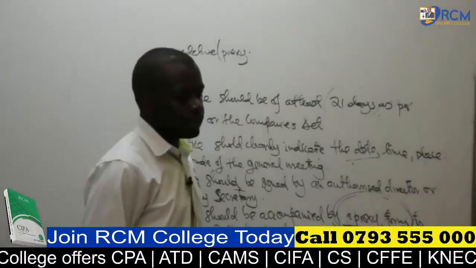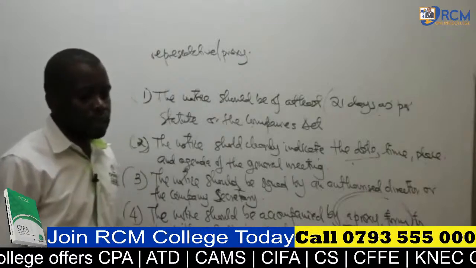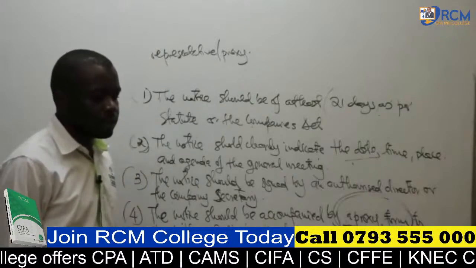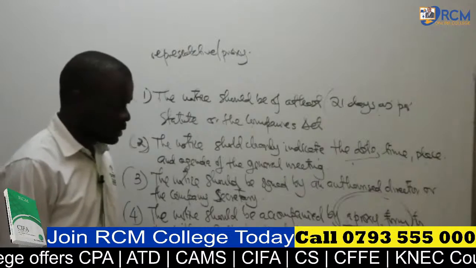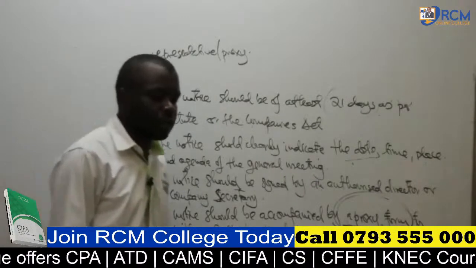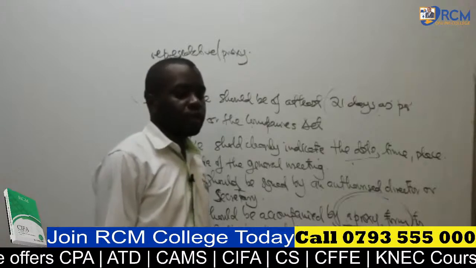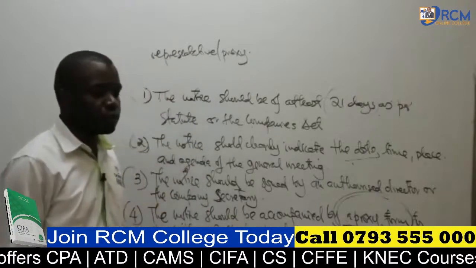Only under variation of class rights has the Companies Act allowed the minority members in that class of shares to object. For other matters not concerning class rights, for example share capital reduction, so long as it has been approved by the majority, there is no window open for the minority to go to court to object.